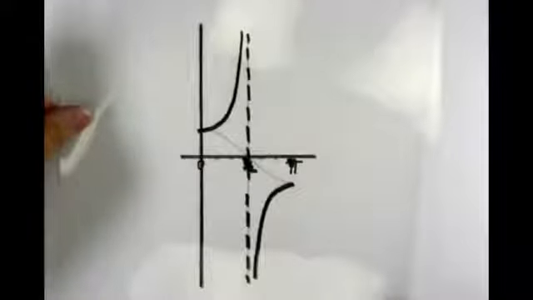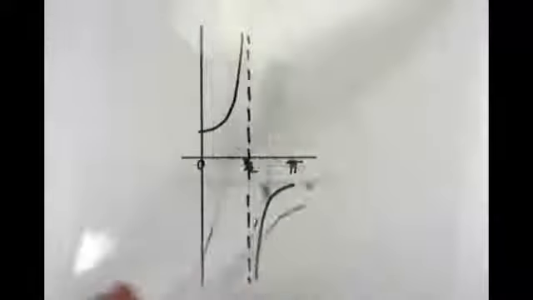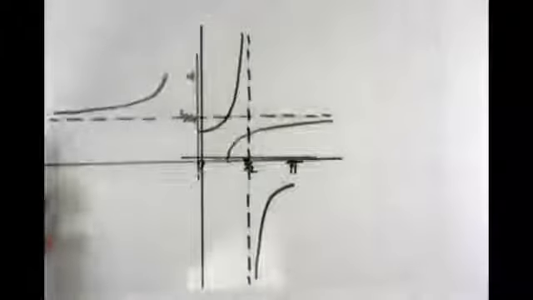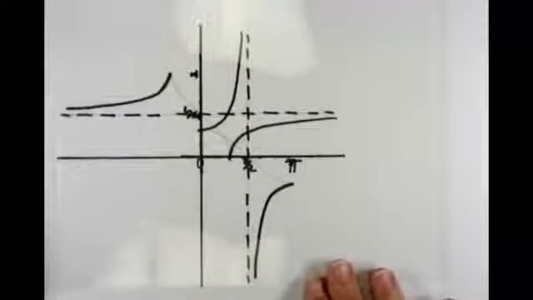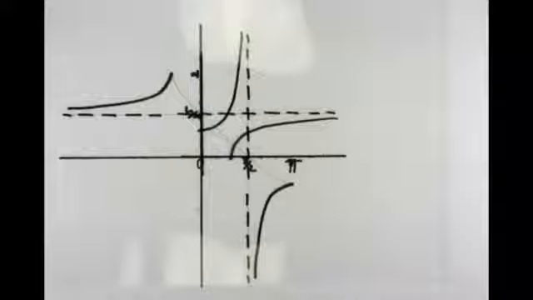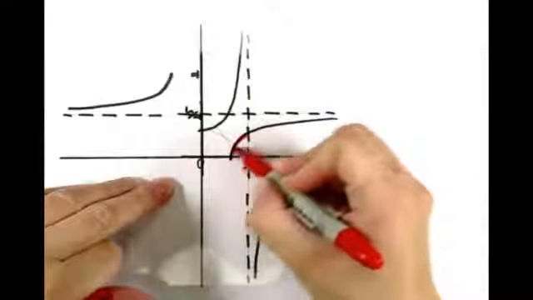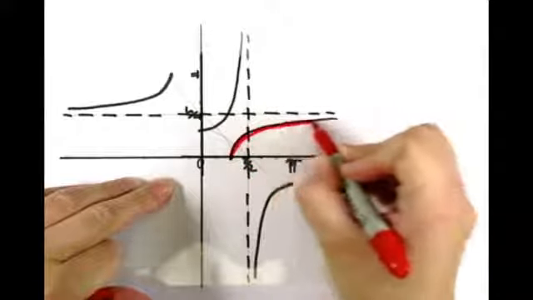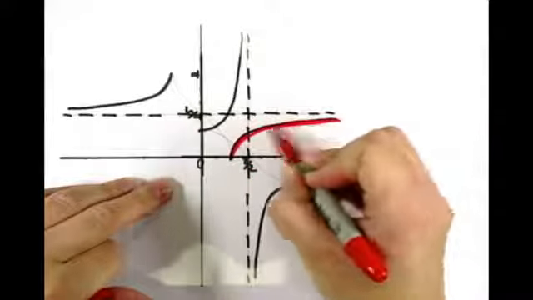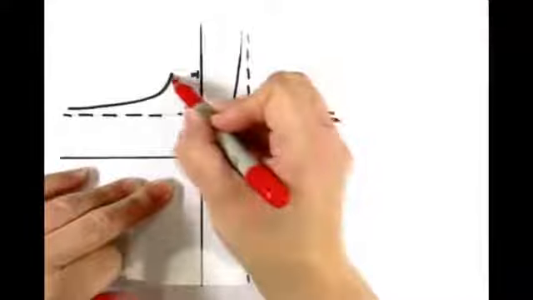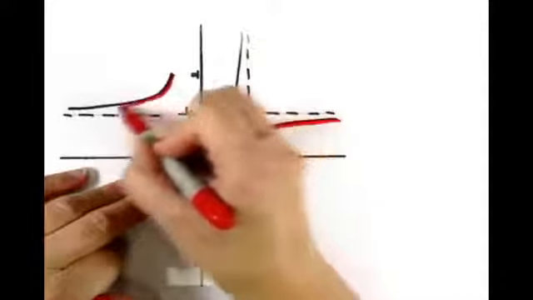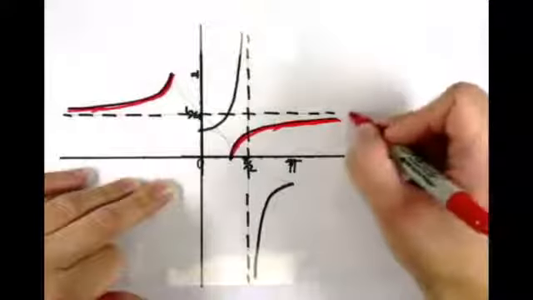Here we go. That's my secant, and I need to flip it over and interchange x with y's. So that's my inverse. The red graph is going to be my inverse right here, and this part, and this part right here. So this one is my secant inverse.